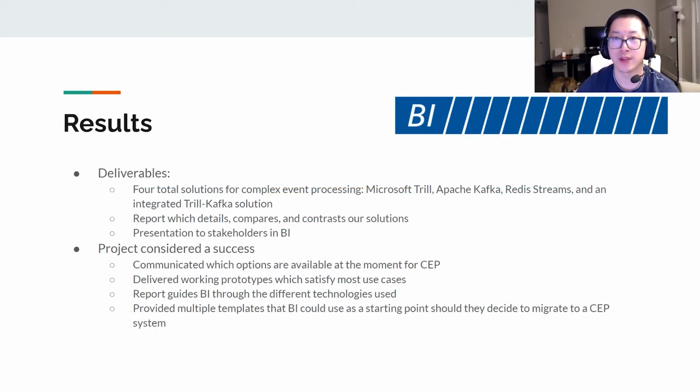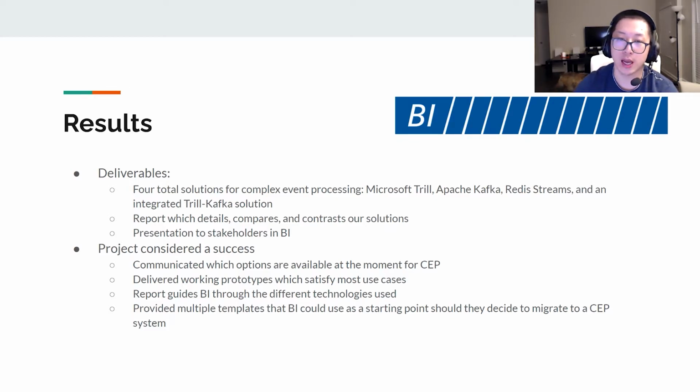At the end, we have a total of 4 solutions for complex event processing. They are Microsoft Trill, Apache Kafka, Redis Stream, and an integrated Trill-Kafka solution. During the presentation to the stakeholders in BI, we demonstrated all 4 solutions and compared advantages and drawbacks of each technology.